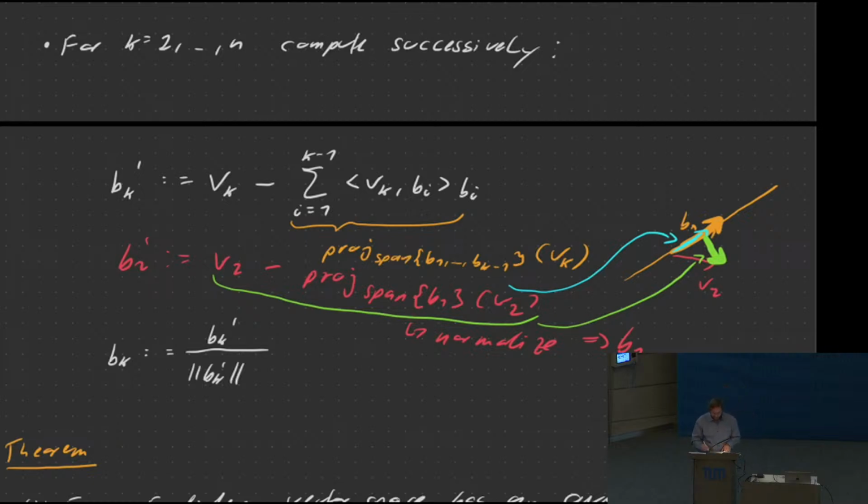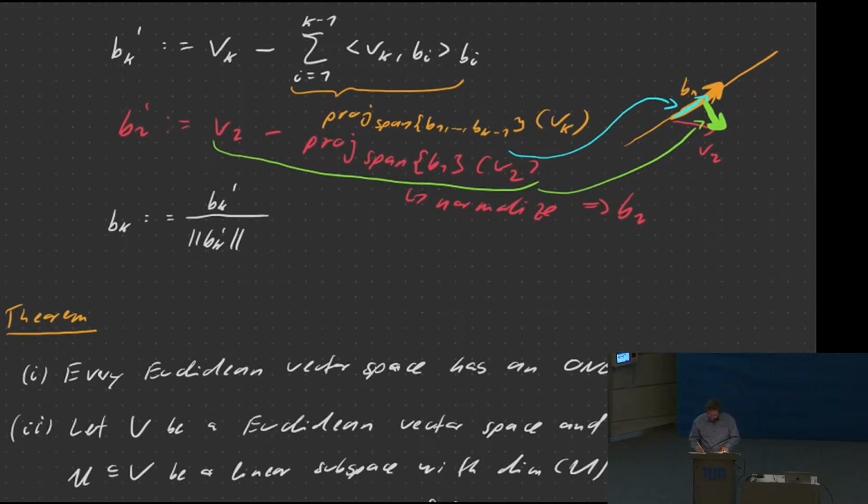So let me see if I can do something like a sketch. So here we have this plane that is spanned by our vectors B1 and B2, and those are orthogonal. And then we have another vector, V3, that points outside that plane.